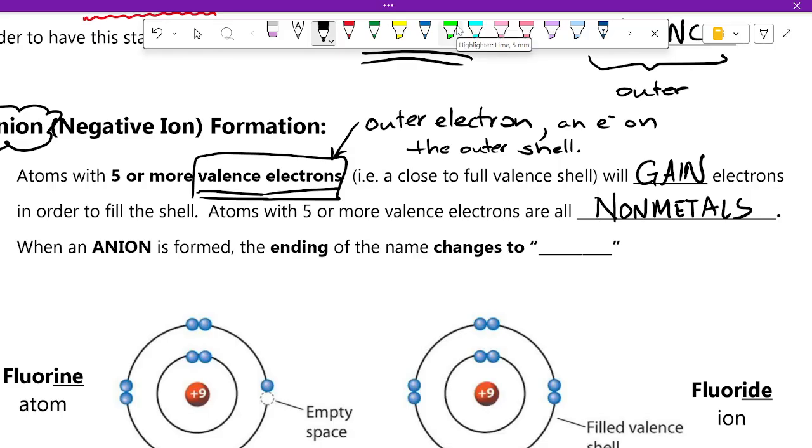Do you remember whether blue or purple or pink is non-metals? Blue is metals, pink is non-metals, and purple are called metalloids. We're not going to worry about those too much. So the non-metals, those are the ones that are gaining electrons.